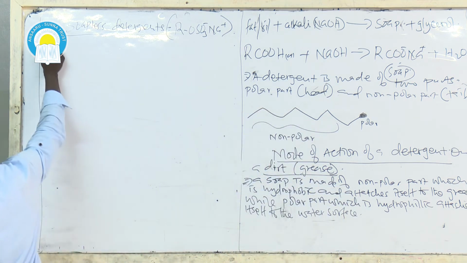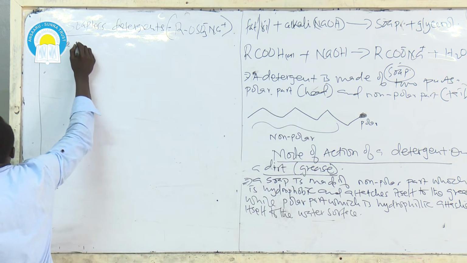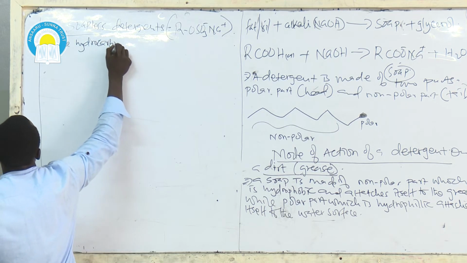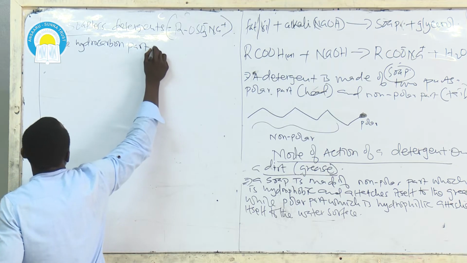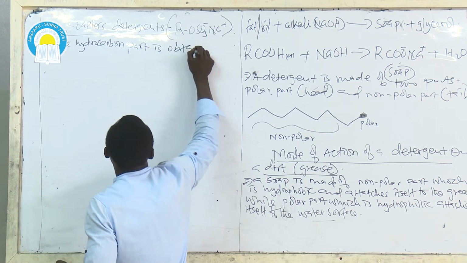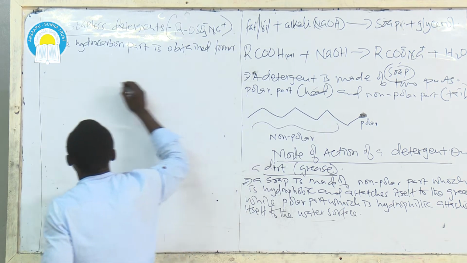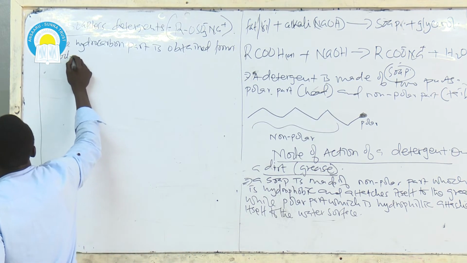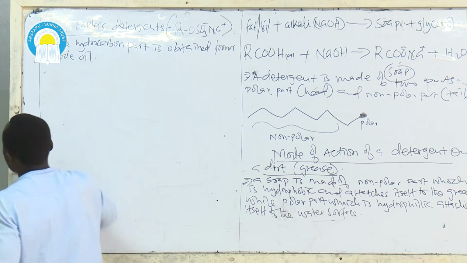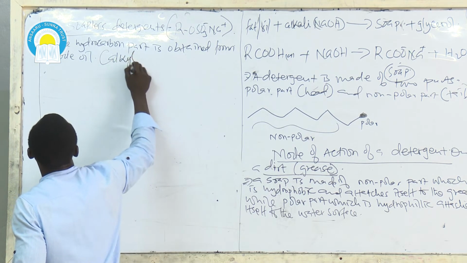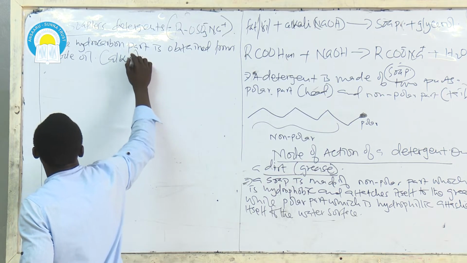The hydrocarbon part is obtained from crude oil. The hydrocarbon part, in brackets, we talk about the alkyls.